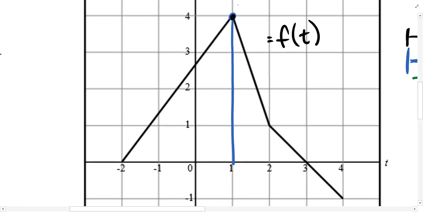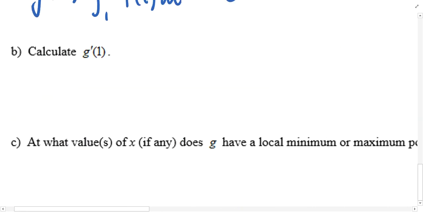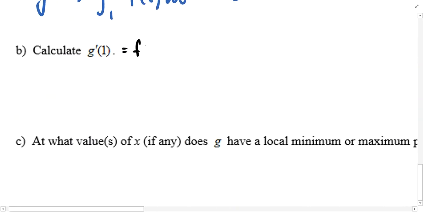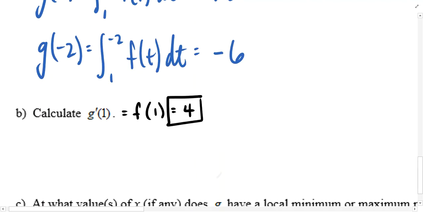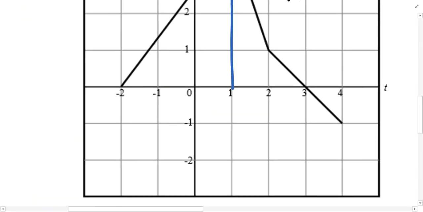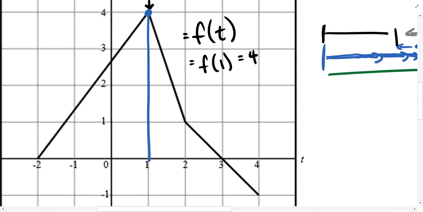So precisely at this position, at this moment in time, the area is growing by 4 units because f evaluated at 1 is equal to 4. G prime at 1 is equal to the f function evaluated at 1, which in this case is equal to 4.